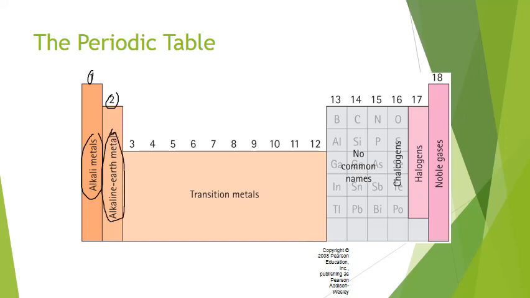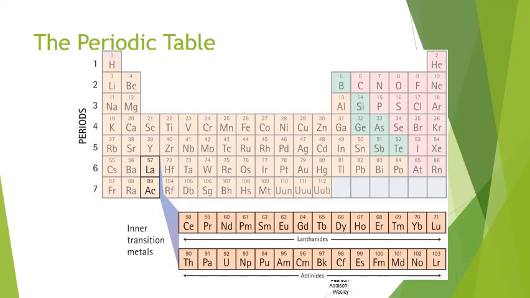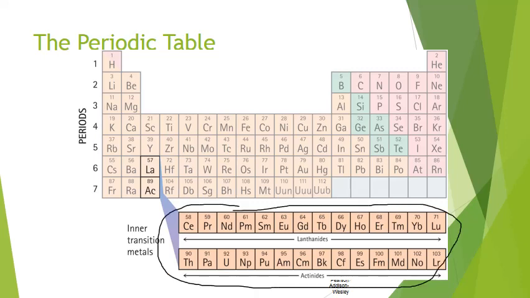In between, groups 3 through 12 are all considered your transition metals, and those include your actinide and lanthanide series, the ones that are typically placed below. Then way over on the right side, your group 17 elements are called the halogens, and the group 18 elements are called the noble gases. And again, here are those inner transition metals of the actinide and lanthanide series, placed typically below the periodic table.